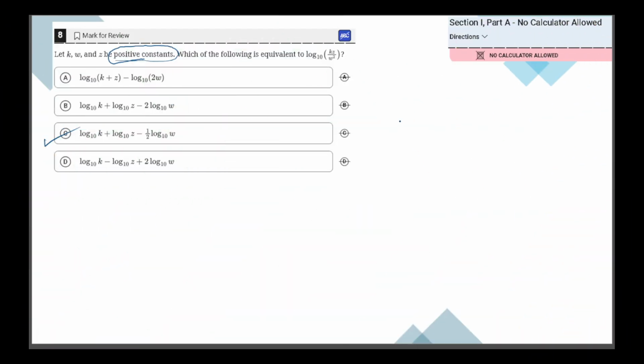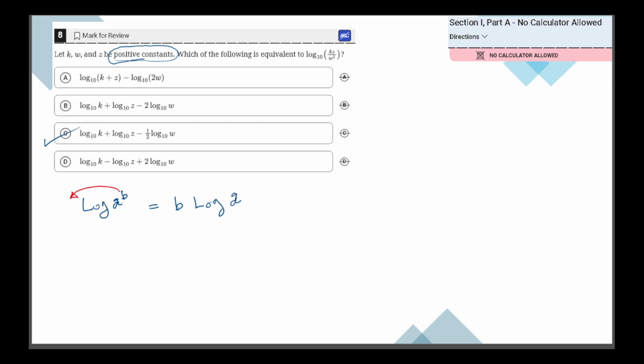We know from the log rule, if we have log of a to the power b, that equals, you can take b outside the log. Then it will be b log a.